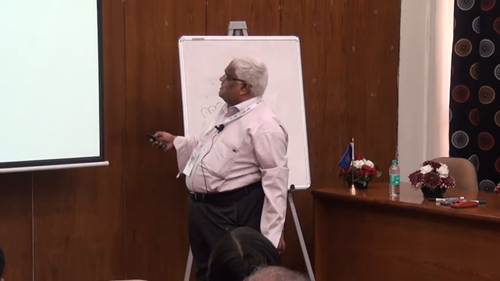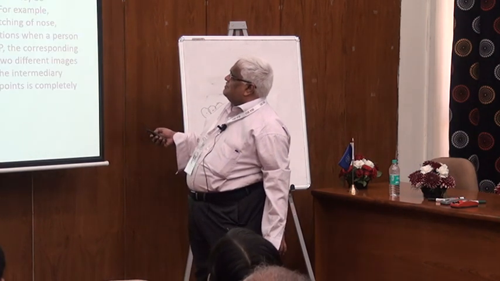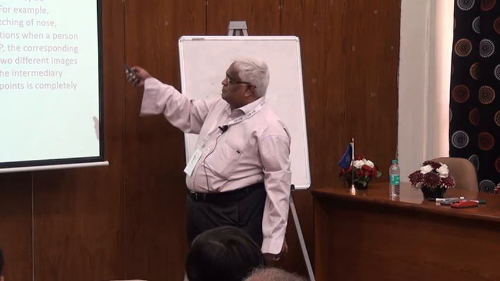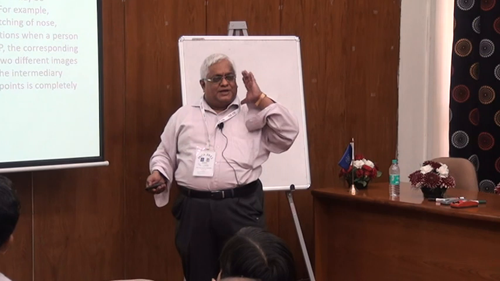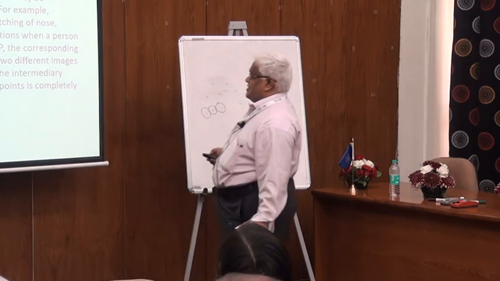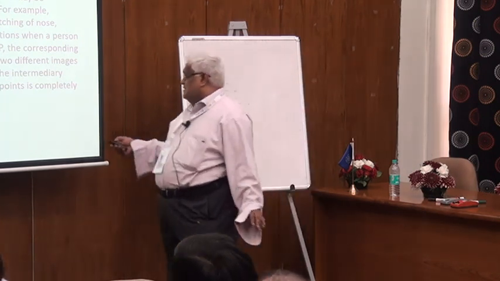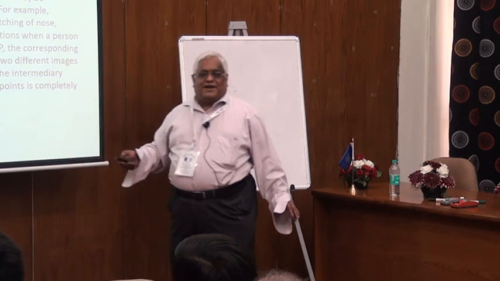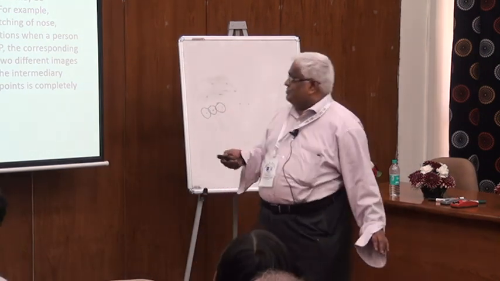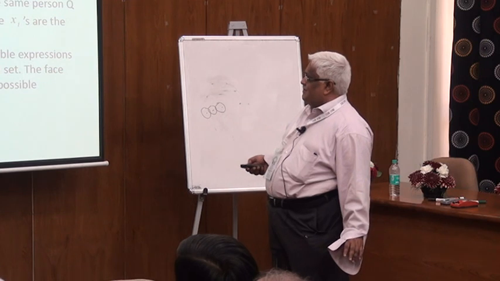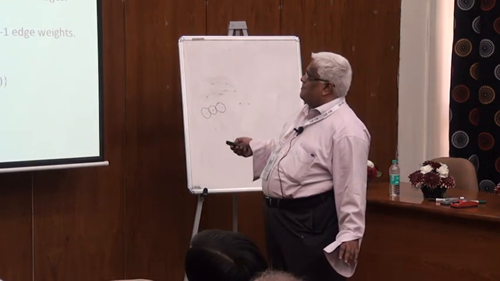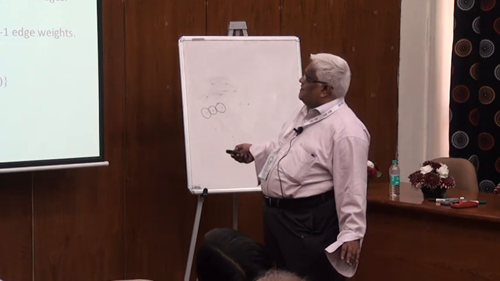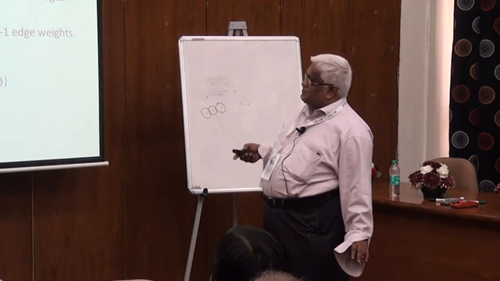I am not going into the details of those properties. Inclusion for phase class. This is what I was telling you. You can always assume the phase class to be a path connected set. A path connecting 2 points is completely contained in the set. Find the MST where the edge weight is taken as Euclidean distance.